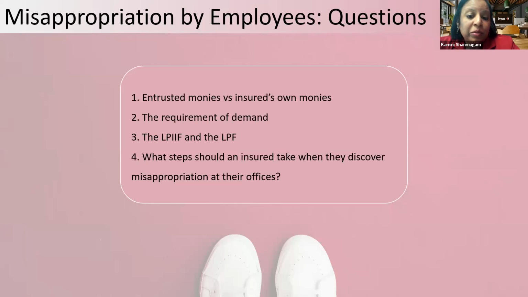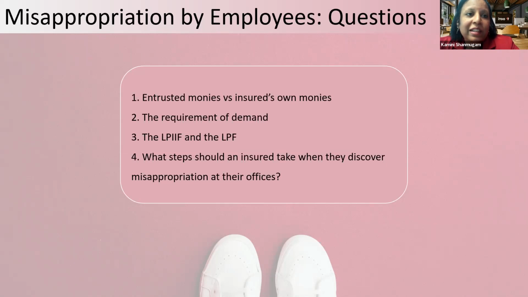Okay, what steps should an insured take when they discover misappropriation at their offices? They must take immediate disciplinary action against the employee. They must report the matter to the police. They must freeze any funds that the employee may have, which the insurers could possibly have a recovery on.